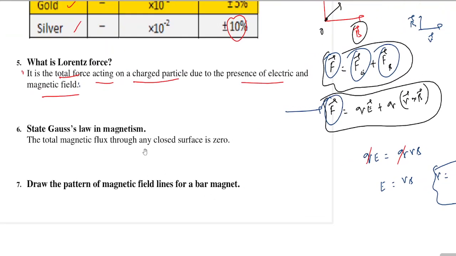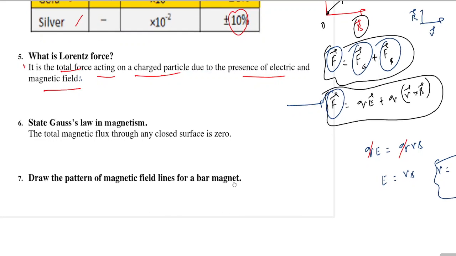Question 6 says, state Gauss law in magnetism, called Gauss, not Gauss. So there are two forms of Gauss law. One form is in the case of electrostatics, and the other is in the case of magnetism.